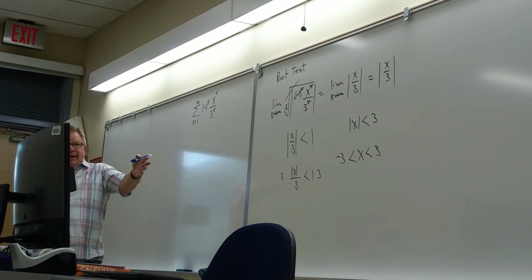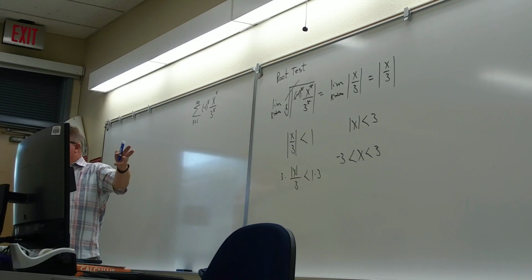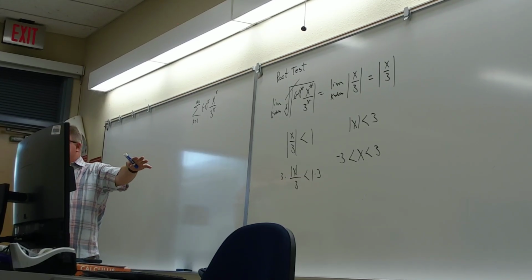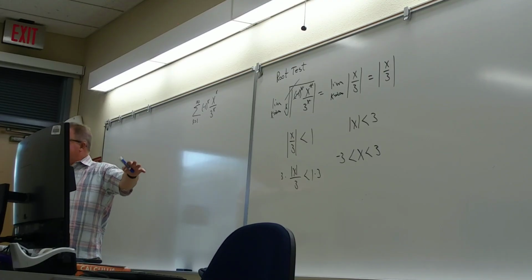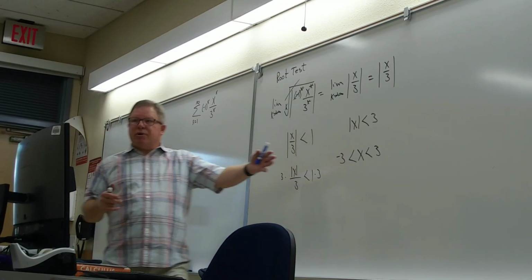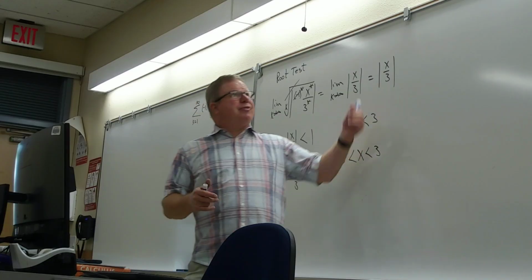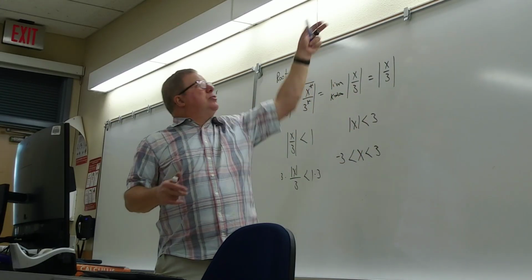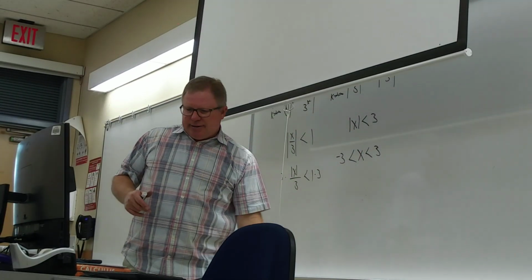That gives us an interval of convergence, maybe not the final one, but it converges between -3 and 3, not including -3 or 3. So do we know our radius of convergence? Yes, our radius of convergence is 3, half of that interval. So we can put 3 in there for that.